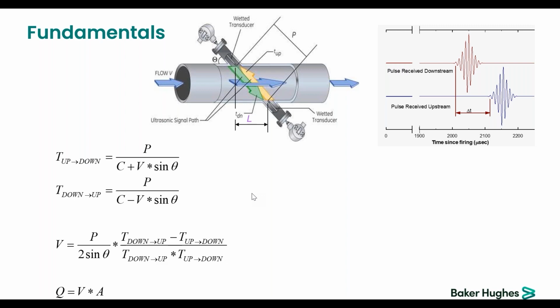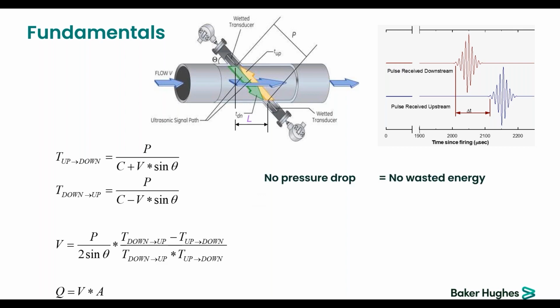So in other words, when you have an ultrasonic meter, what you have is a very accurate clock. The resolution of the time measurement is in nanoseconds. Okay, so it's extremely precise in terms of time measurement, and everything else being equal, it only has to do with the geometry of the line.